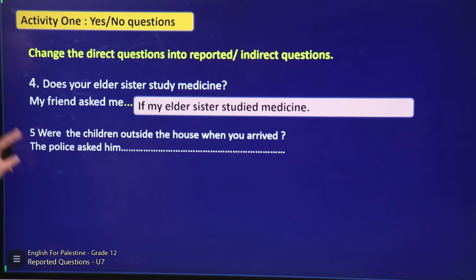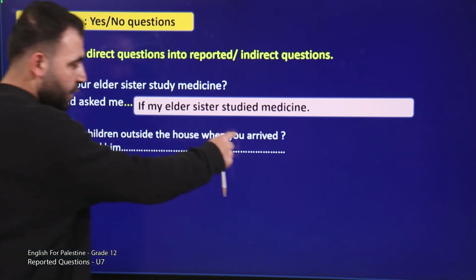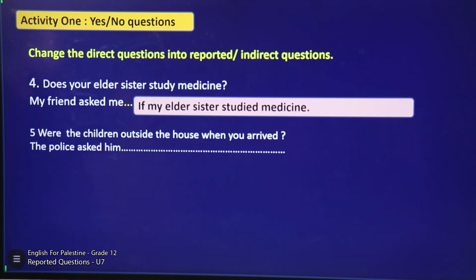Finally, with number 5, were the children outside the house when you arrived? Here is a compound question, or 2 tenses in this, 2 verbs in this question. The police asked him, have you found the correct answer?